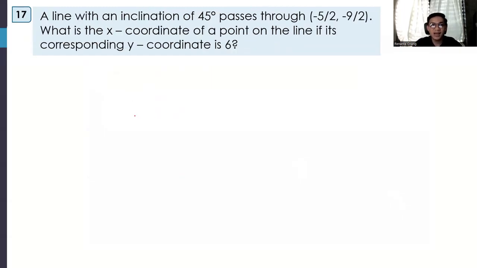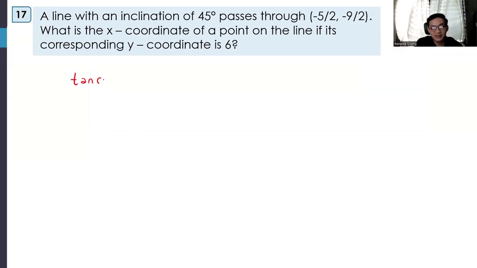Number 17. A line with an inclination of 45 degrees passes through (negative 5 over 2, negative 9 over 2). What is the x-coordinate of a point on the line if its corresponding y-coordinate is 6? So for this one, class, makukuha natin yung kanyang hinahanap using this formula.